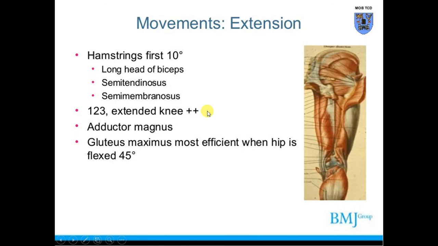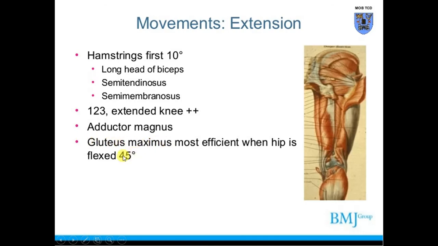In the extended knee there is more extension, and it is the adductor magnus hamstring part. But the most important muscle is the gluteus maximus. When the hip is flexed 45 degrees, then from flexion of 45 degrees the hip joint is extended by the gluteus maximus.